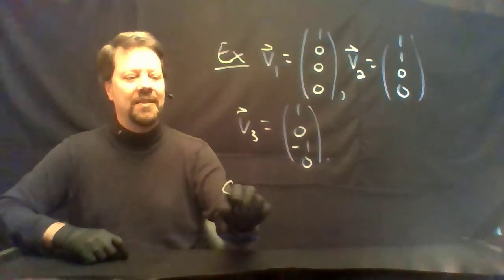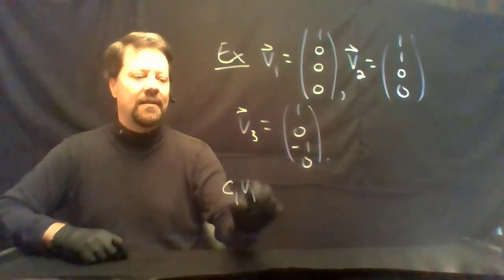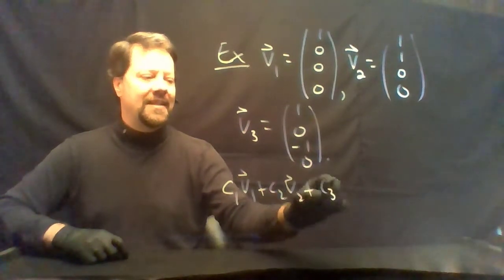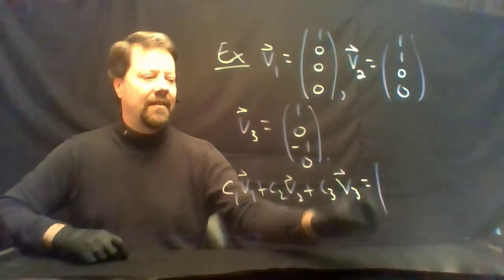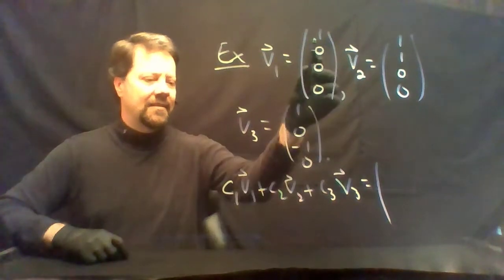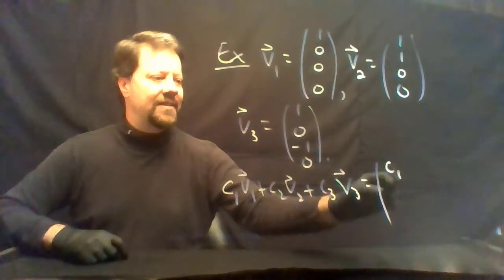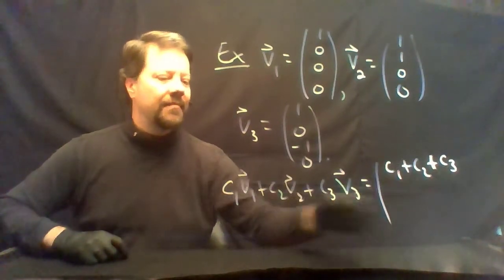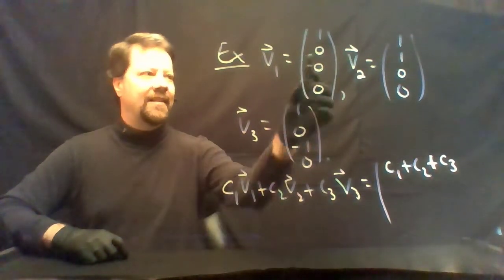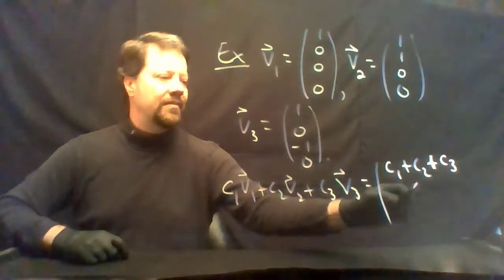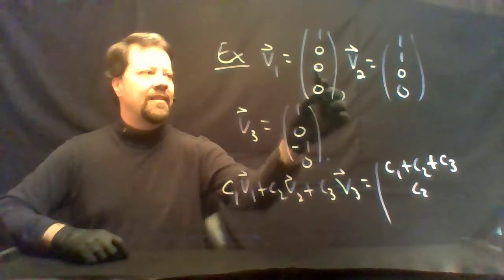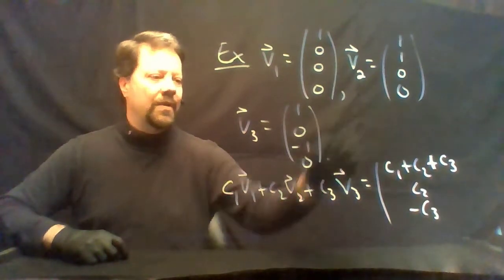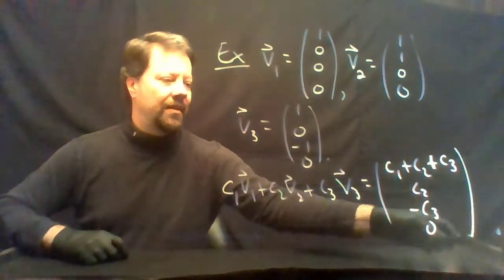We can find out. We'll take c1 times v1 plus c2 times v2 plus c3 times v3. And what do we get? We get c1 plus c2 plus c3 for the first coordinate, and then c2 for the second coordinate. The third coordinate will be minus c3, and the fourth coordinate will be 0.